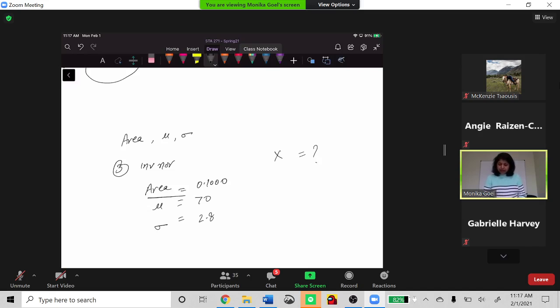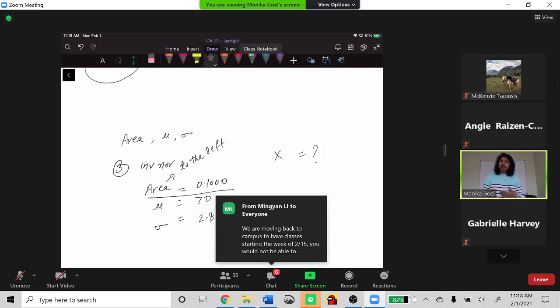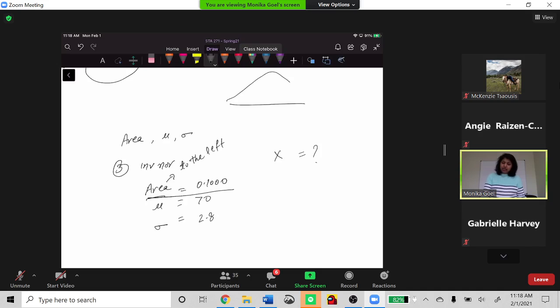And again, area is given. When you are using the calculator, write a note to yourself: when you write the area, you use the area to the left. When you use the table, if you are looking for the right-sided area, you subtract that value from 1, but when you're using the calculator, you're not doing that. So plug in the area to the left side, even if the right-sided area is given. Let's say this area is given to me as 20%, and same thing, mean as 70 and standard deviation is 2.8.